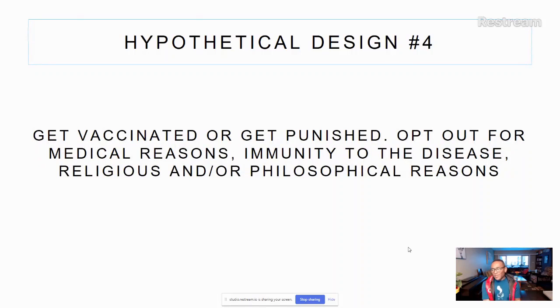Design number four: get vaccinated or get punished in some way. You can opt out for medical reasons, immunity to the disease, religious and/or philosophical reasons. This scheme already exists in Canada. Ontario has this scheme for childhood vaccinations, even though theirs starts with school-age children, I believe. But there are opt-outs.